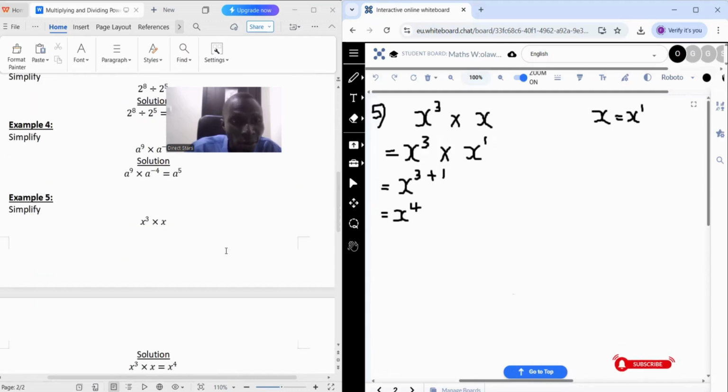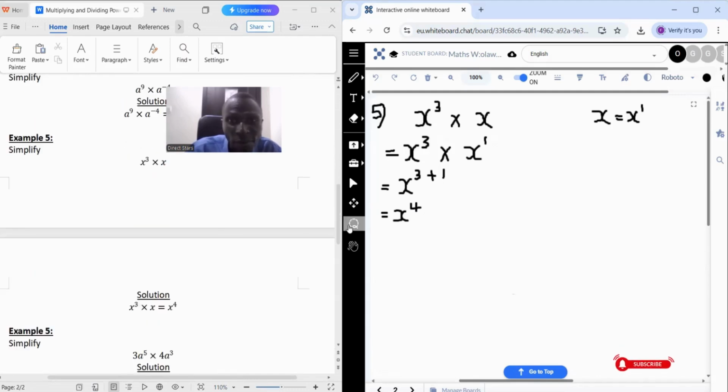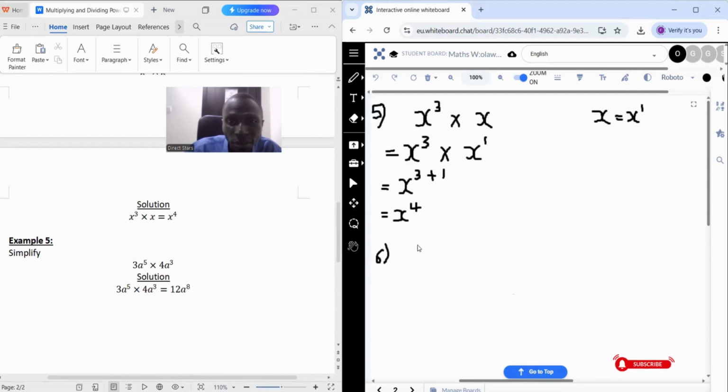And to the last example, all right, example 6. All right, we have this to be 3a raised to the power 5 multiplied by 4a raised to the power of 3.